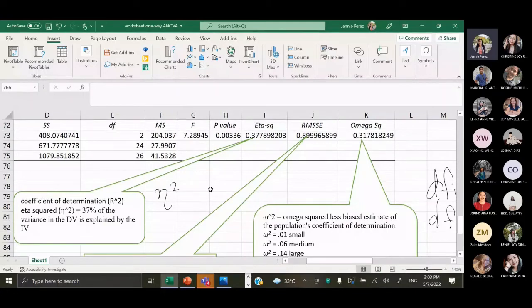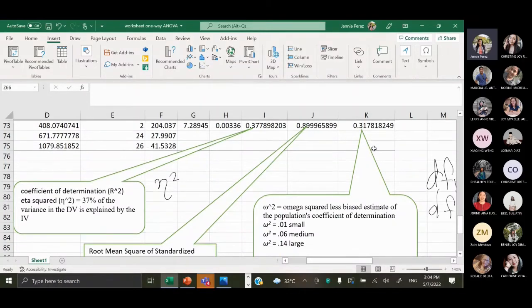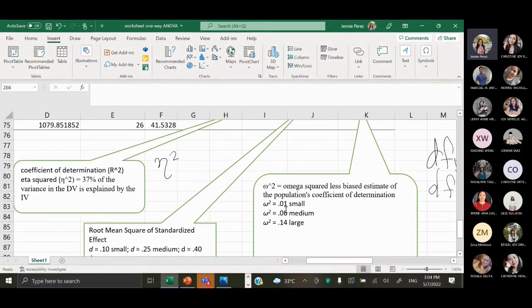Then the omega squared is the same as the eta squared, only that this omega squared is an estimate of the population, not of the sample. Now for the omega squared, it is 0.31, or actually this is already 0.32. So for us to know whether it's small, medium, or large, we just look at these values here.